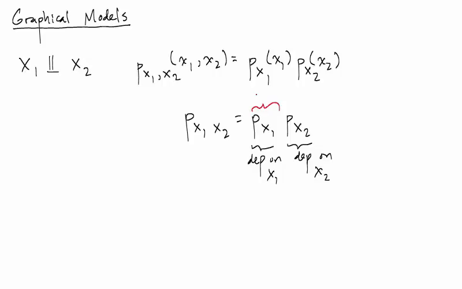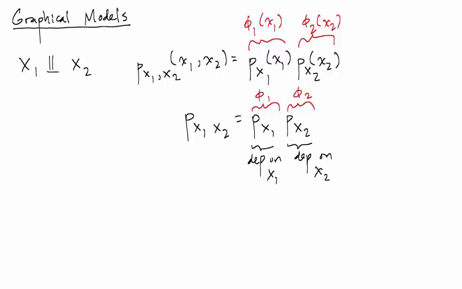This thing I'm going to also call phi1, and this thing I'm going to call phi2. So for example, phi1 of x1 and phi2 of x2. The idea is that each of the phis will just depend on one of the random variables. And later on we'll see examples of where the phis are not just the marginal distributions.